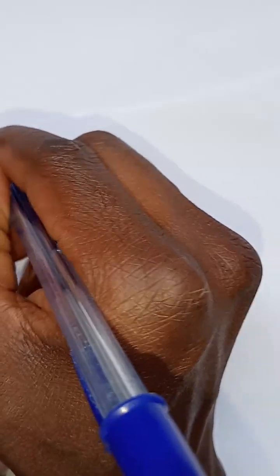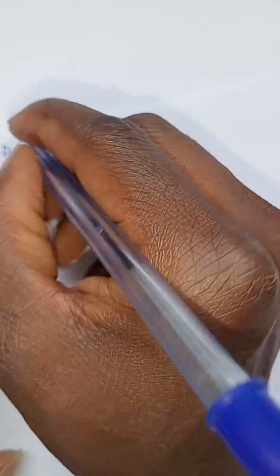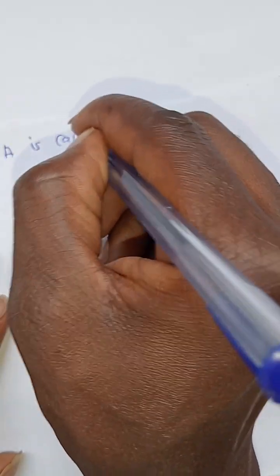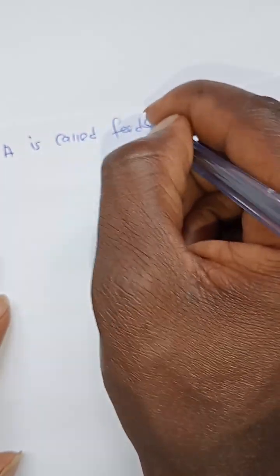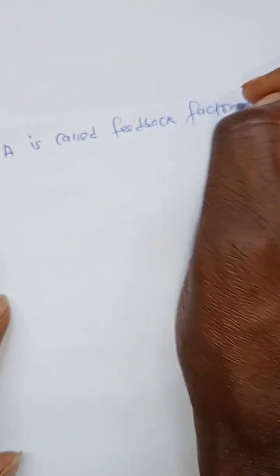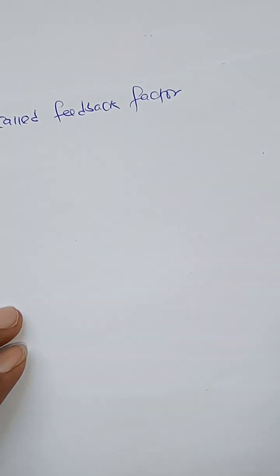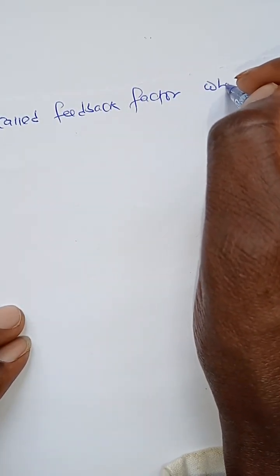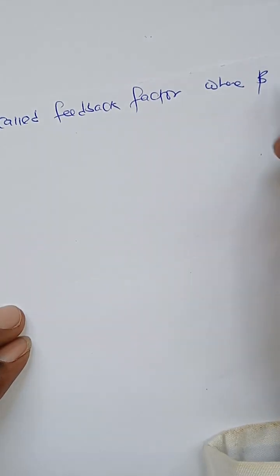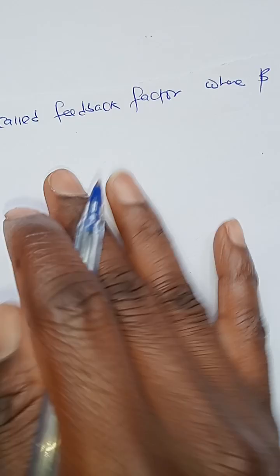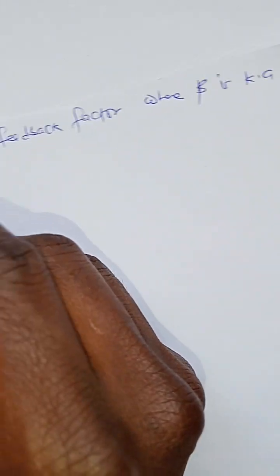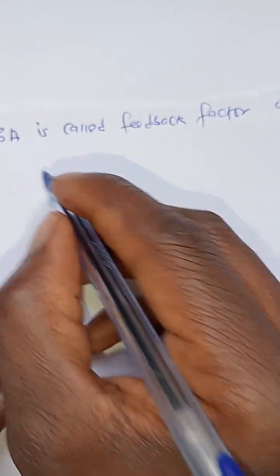So the term beta A is called the feedback factor, where beta is also known as the feedback ratio.